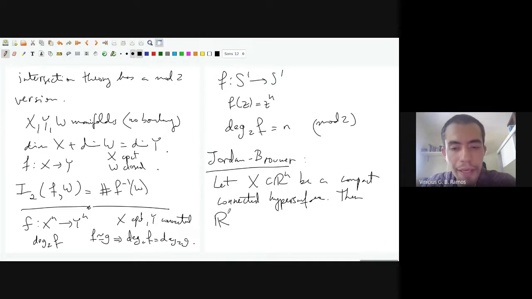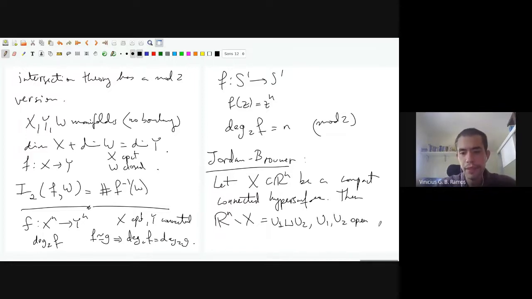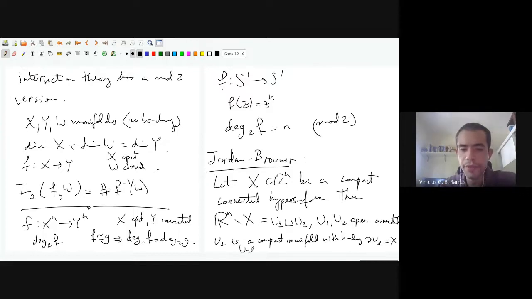So R^n minus X is equal to U1 disjoint union U2, where U1 and U2 are open, connected, and U1 is a compact manifold with boundary equal to X, and U2 is unbounded.